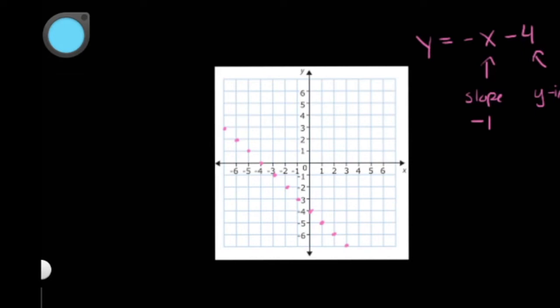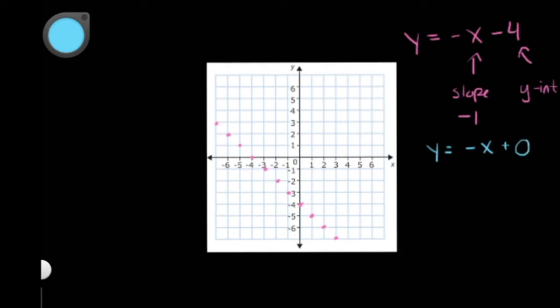So the next line looks like y equals -x, right? Because the y-intercept was 0, so it would be like +0. So that means we don't have to write this +0, but I'm just showing you that when we worked it out, our y-intercept was 0. So if we were to graph this line, if our y-intercept is 0, we're going to put a dot right here at 0.